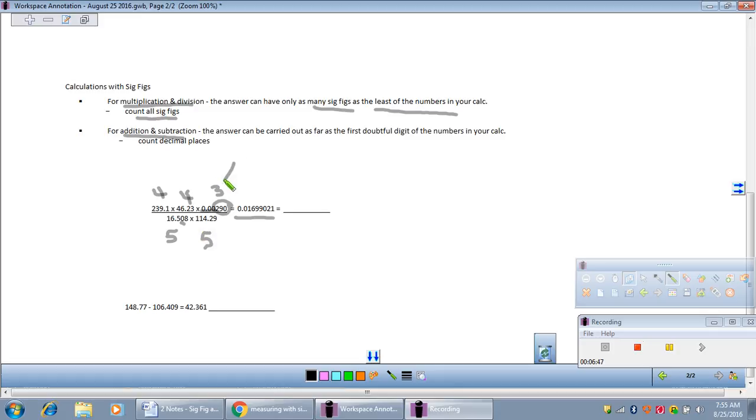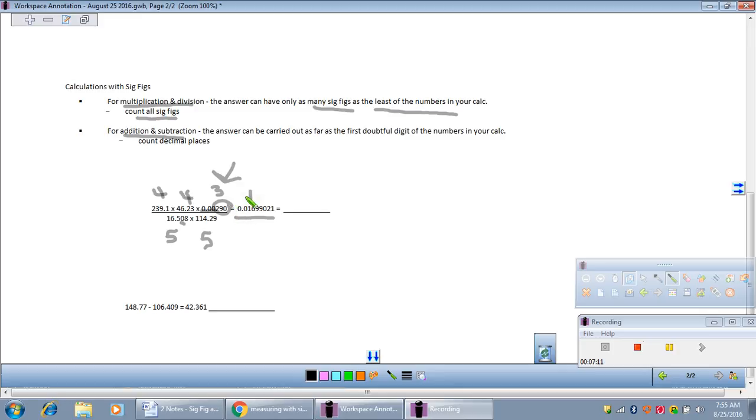Well, the number with the least amount of sig figs is 0.00290, 3 significant figures, so our answer can only have 3 significant figures. You start counting significant figures at the first non-zero number. If there's a decimal present, you start from the left and move right.